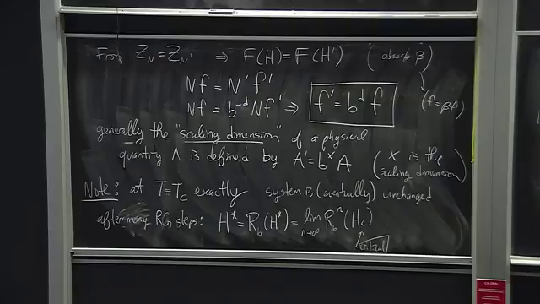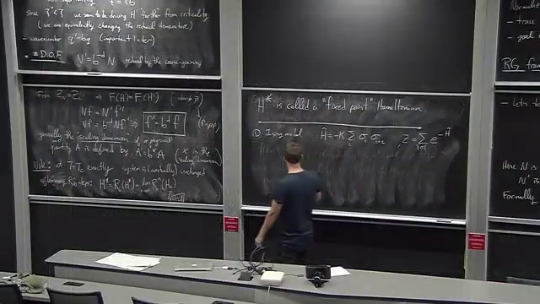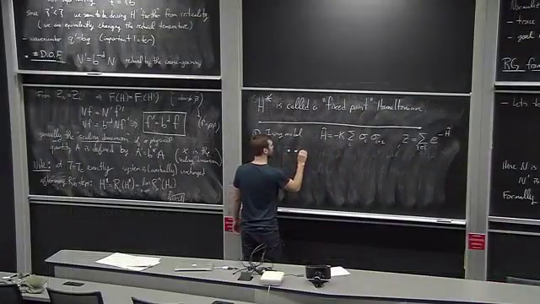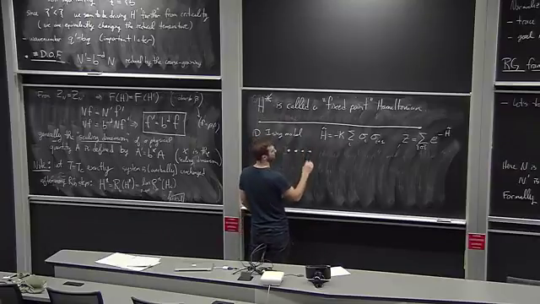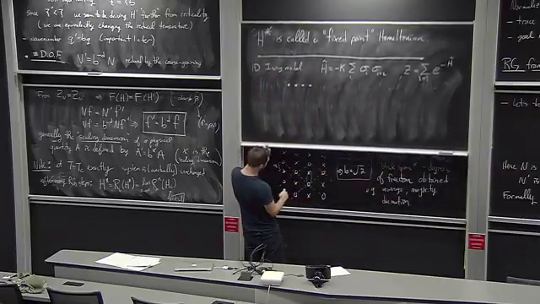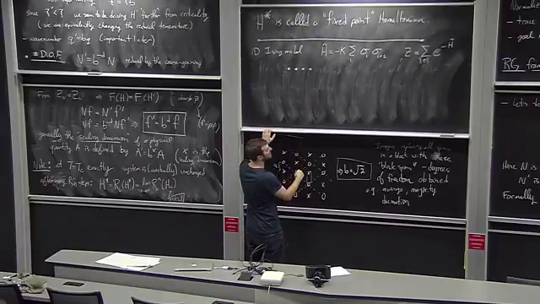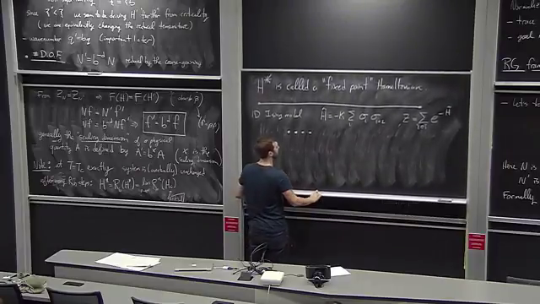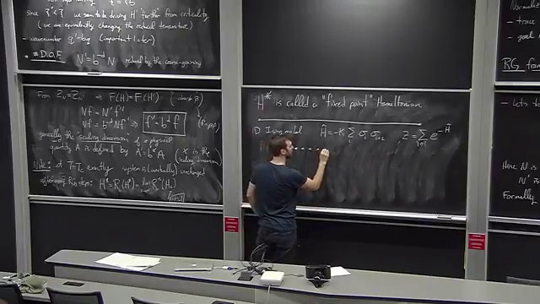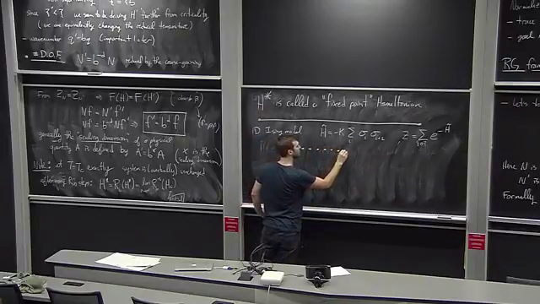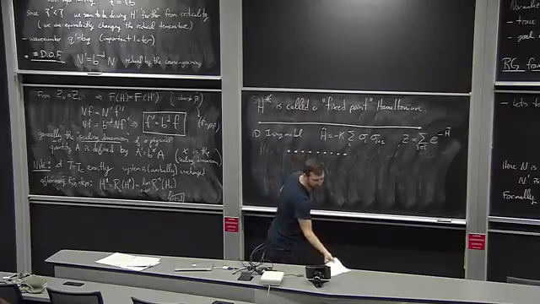So, okay, I have a 1D Ising model. I have to do the equivalent of this procedure, some sort of coarse graining, and I'm in 1D. Let me label my sites.